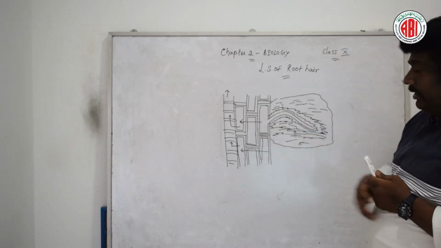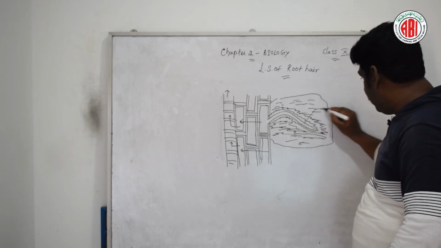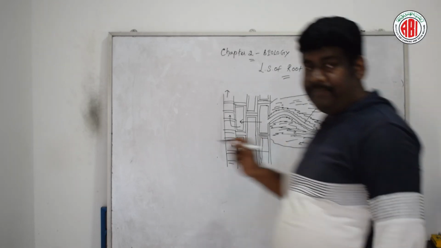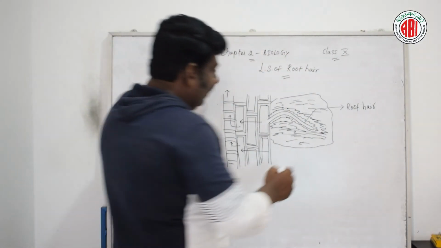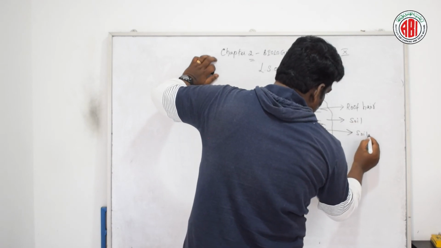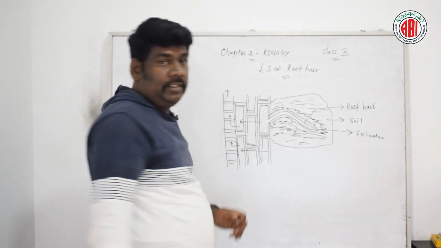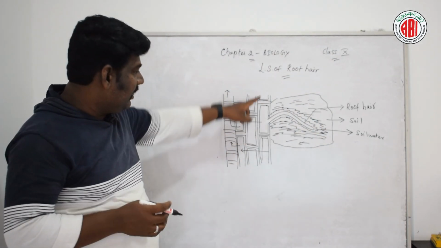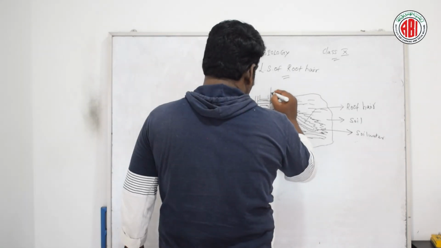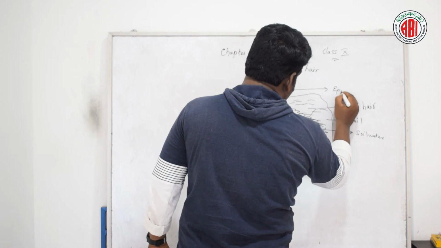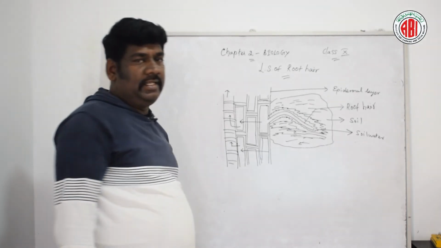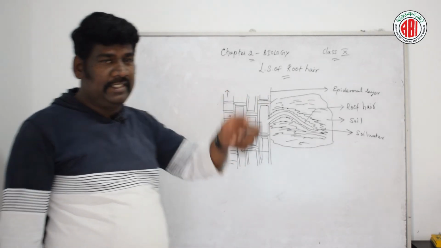In this diagram you see, this is called the root hair, and this is soil particle and soil water. This outermost layer of the root hair is called the epidermal layer, or epidermal cells. The epidermal cells are there.